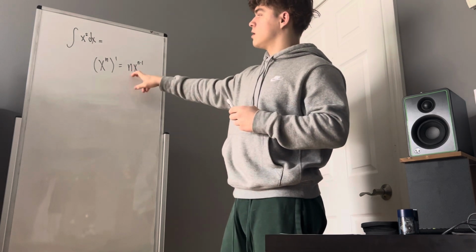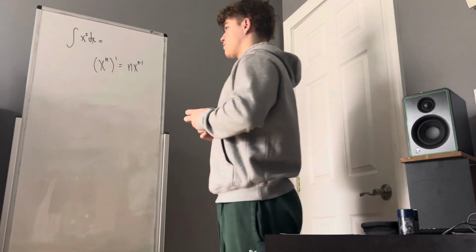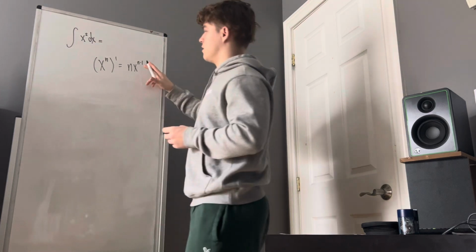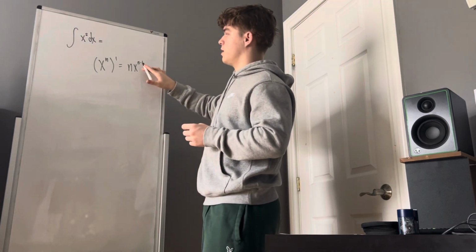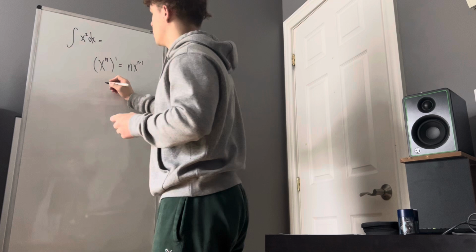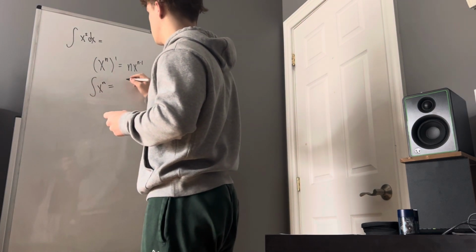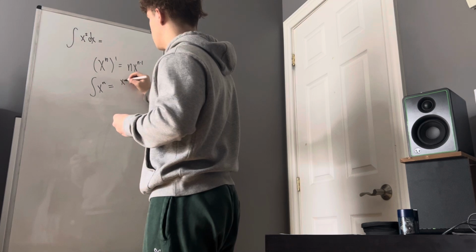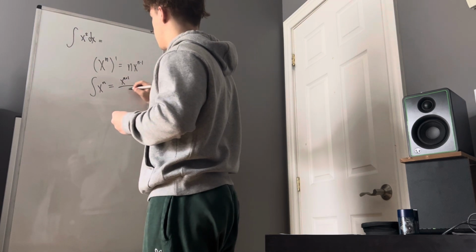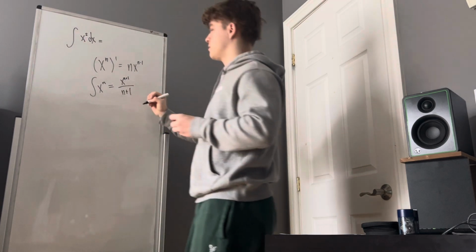But order of operations, remember, we're actually going to be dividing by what we had before, which would be n plus 1. So the antiderivative of x to the n equals x to the n plus 1 divided by n plus 1.